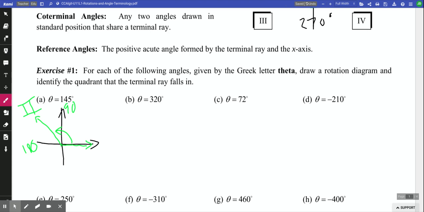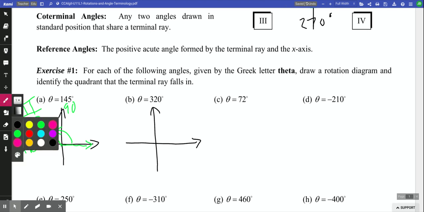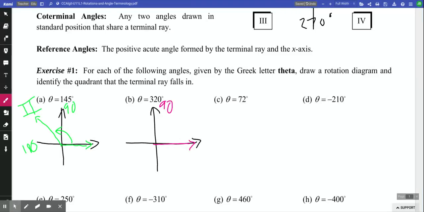So B here, 320. Again, we got to start with our positive x-axis as our initial. Then we got 90, 180, 270.